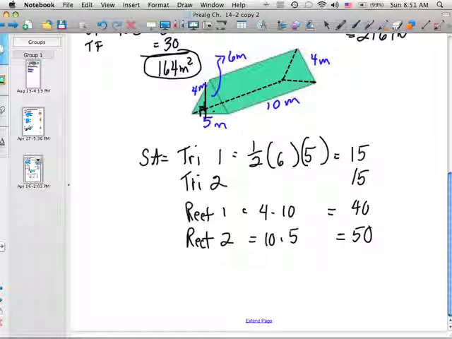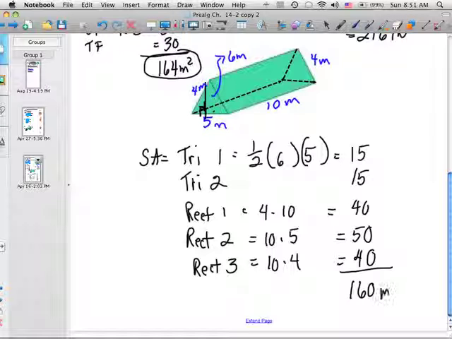And then the back rectangle back here is 10 by 4 also. And then you add up all these faces. So we have 30 here, and that's 70, 120, 160, and the unit was meters squared. And that's how we're going to be doing our problems.